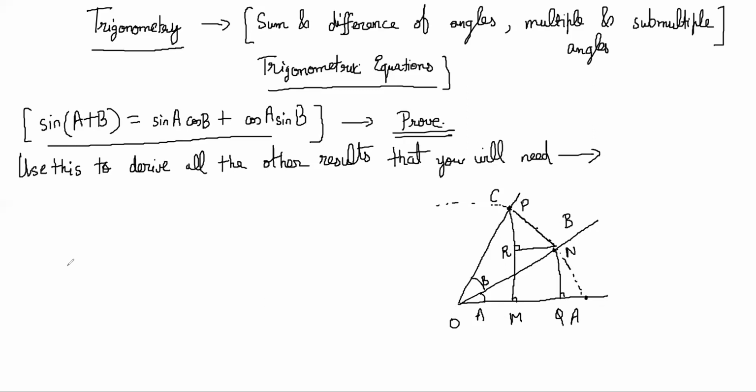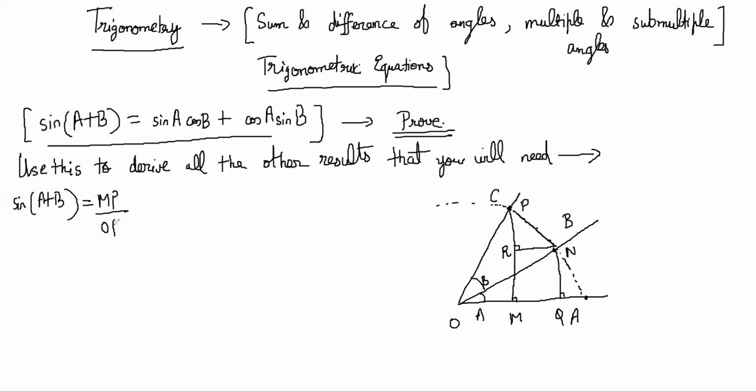So what we want to get is sine of angle A plus B. Sine of angle A plus B in this right angle triangle is MP by OP.